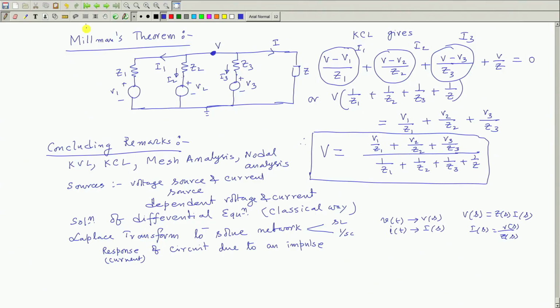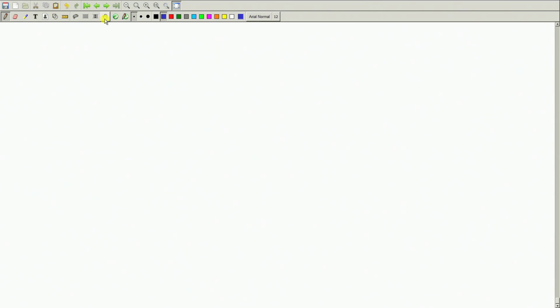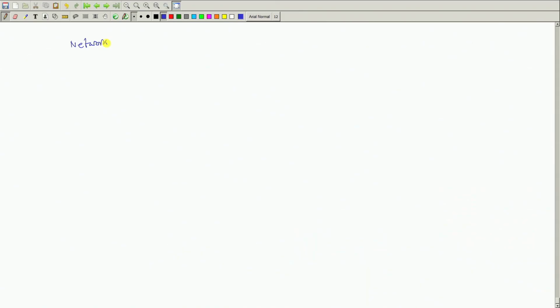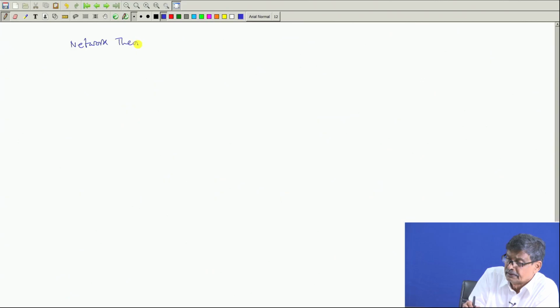Then the network theorems, these are very important things. Network theorems, what I did was several network theorems, whatever I could recollect, I will tell that.